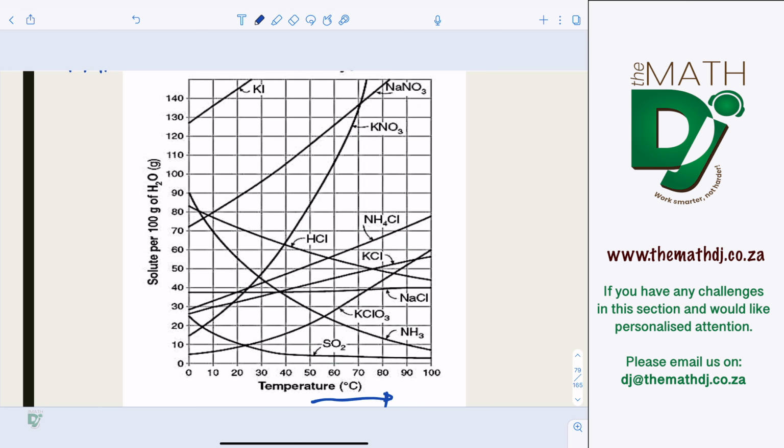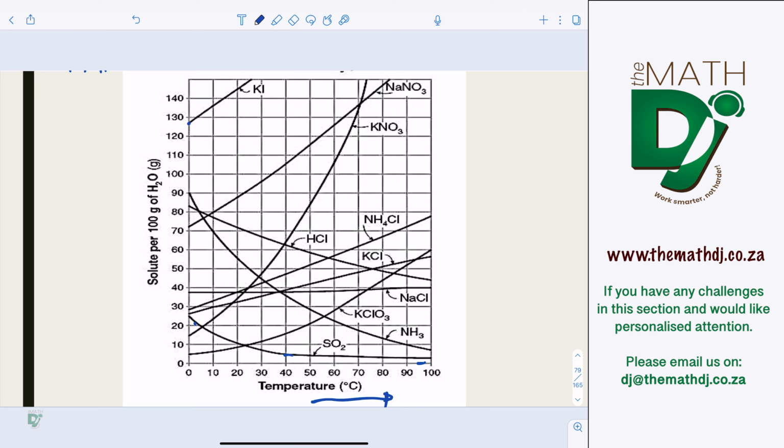You can take another substance, for example, sulfur dioxide, which is a gas. You can see that its solubility is decreasing with temperature. For gases, it's normally the opposite, because when the temperature is high, gases tend to want to release themselves from the liquid, let's say from water, and go to the atmosphere.